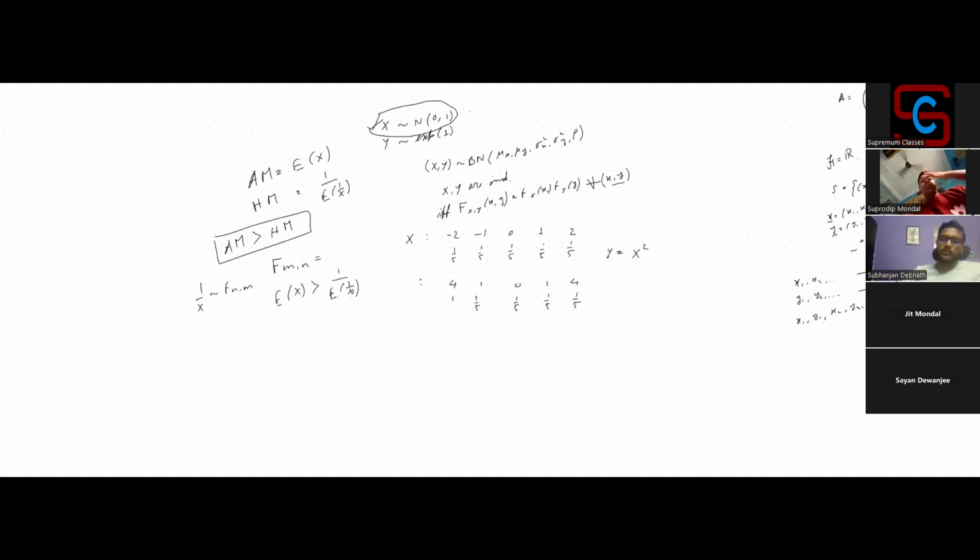Yes, a hint would be helpful. Try to write F(m, n) as a division of independent chi-square random variables. Okay.